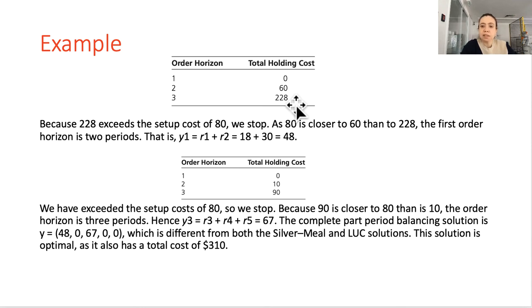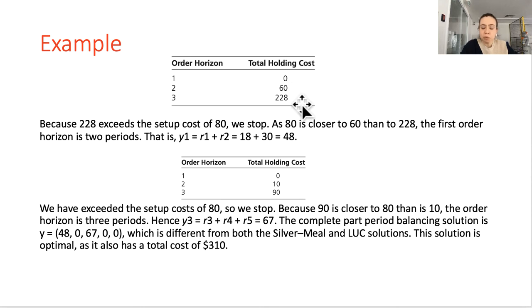We see that this 228 is more than our setup cost 80, so we stop and we check which one, 228 or 60 is closer to our setup cost 80, and we see that 60 is closer. So in fact, we make a production plan for 2 periods.